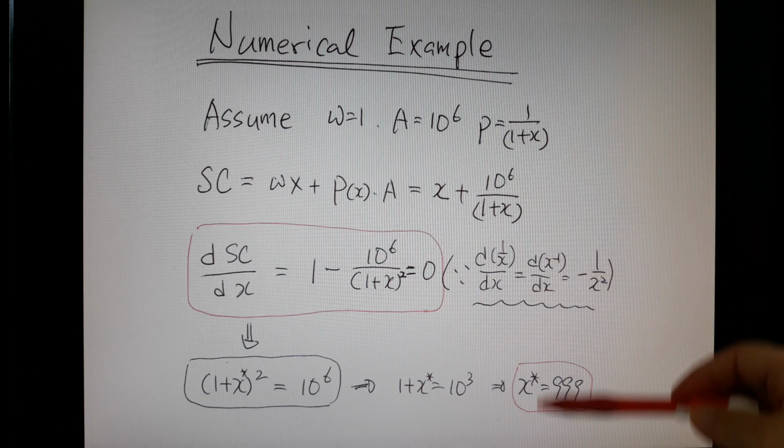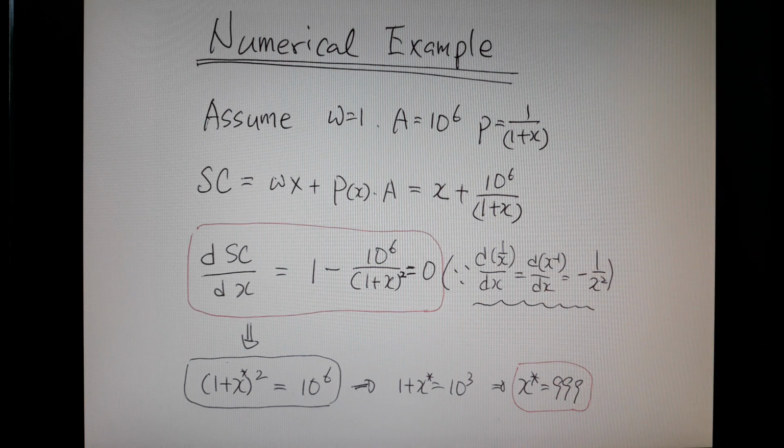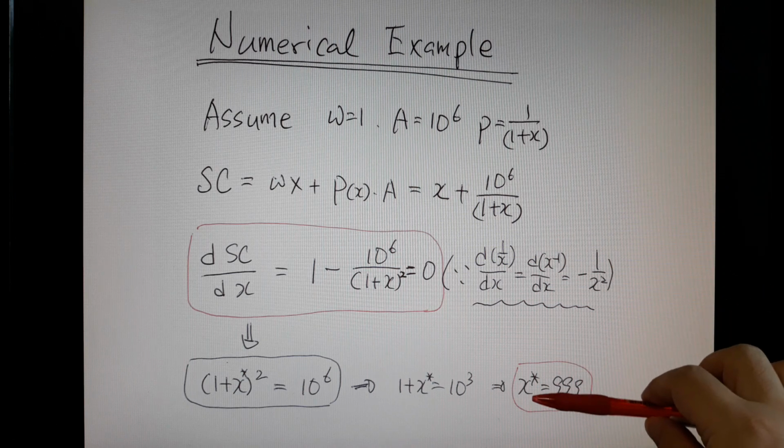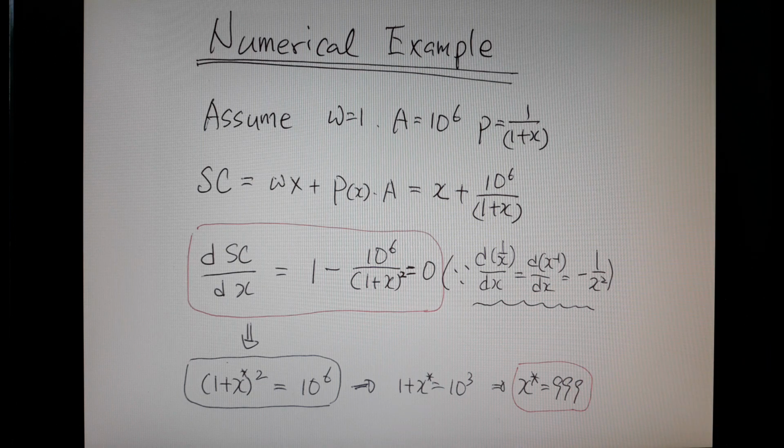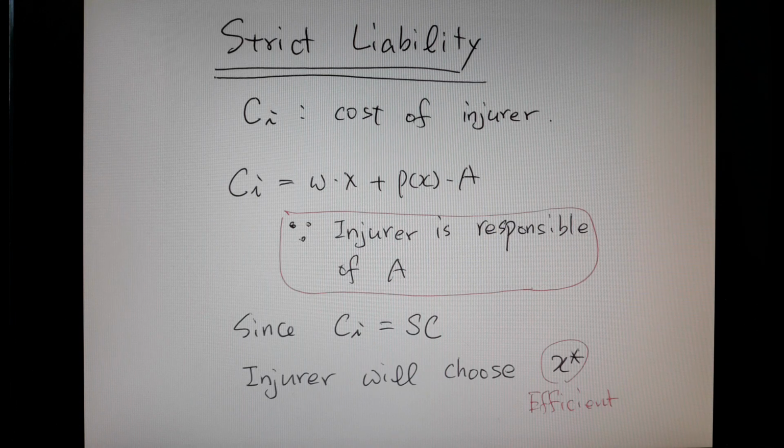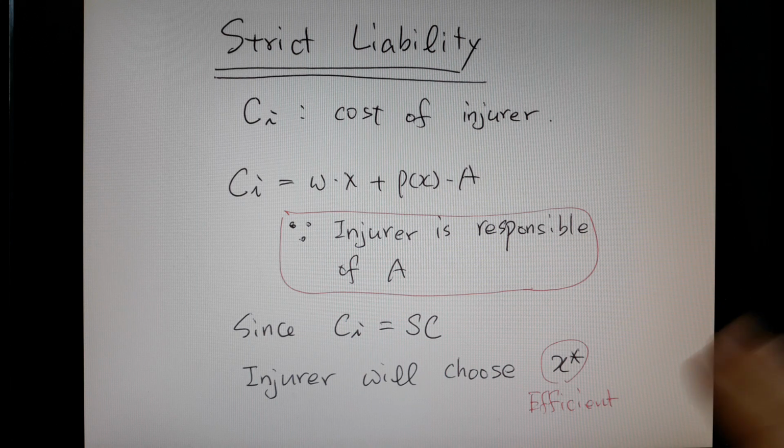So he goes through all this, not because it's socially optimal, but because it's individually optimal for the injurer under strict liability. And he must find that x star equal to 999 would be the best choice for him in order to minimize the cost. So he will choose x star as society and economists hoped for. So it's going to be efficient.